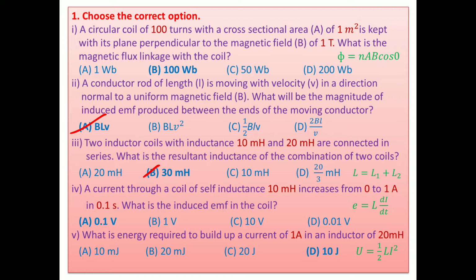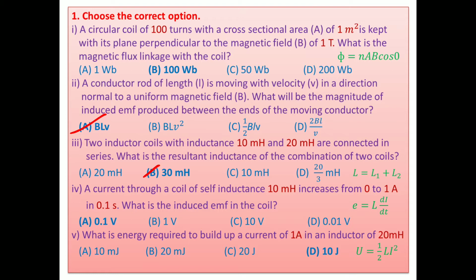A current through a coil of self-inductance L equal to 10 millihenry increases from 0 to 1 in 0.1 second. What is the induced EMF? Look here, we know that the magnitude of induced EMF equals L di by dt. L is 10 millihenry, which means 10 into 10 raised to minus 3 Henry.